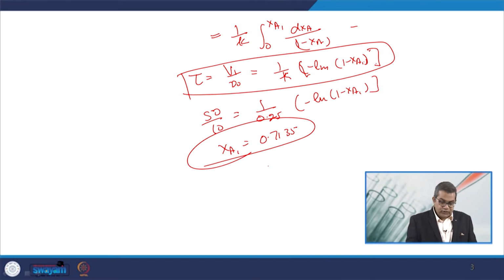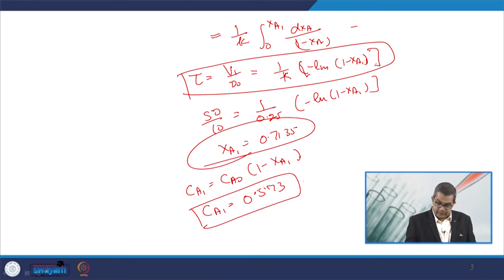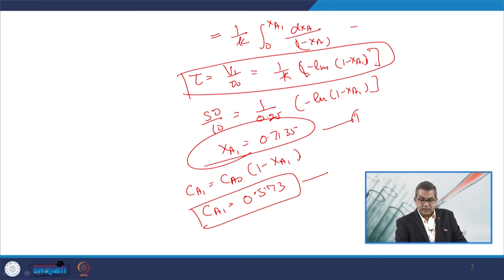Now the concentration at point 1, that is the outlet of the first reactor, can be found by Ca1 is equal to Ca0 (1 minus Xa1), where Xa1 we have already determined and Ca0 is given as 2. So Ca1 is equal to 0.573. Let us term this equation number 3 and this equation number 4.